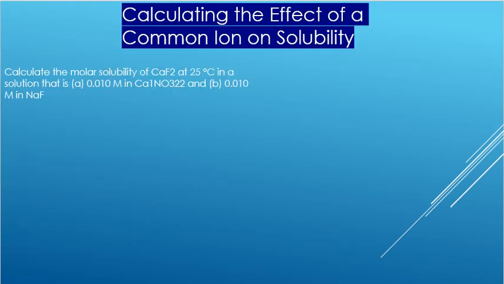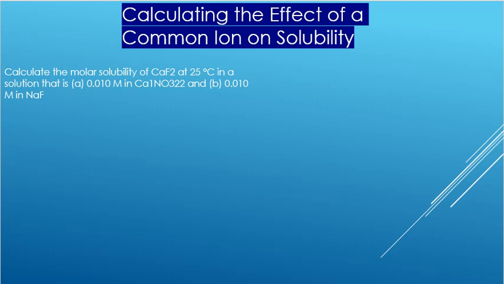We look at how to calculate the effect of a common ion on solubility. They like bringing these questions and they'll ask you to calculate the molar concentration for different ions.